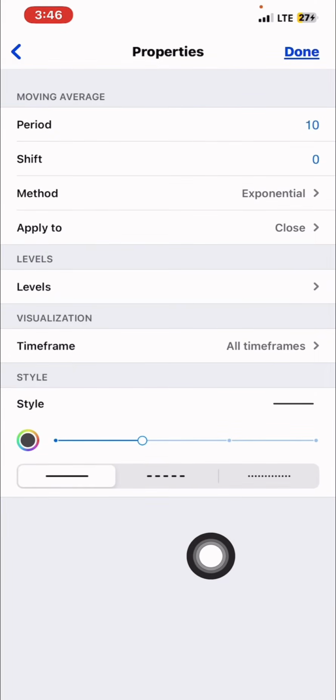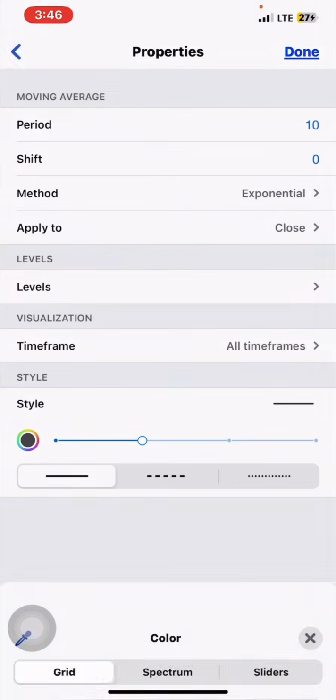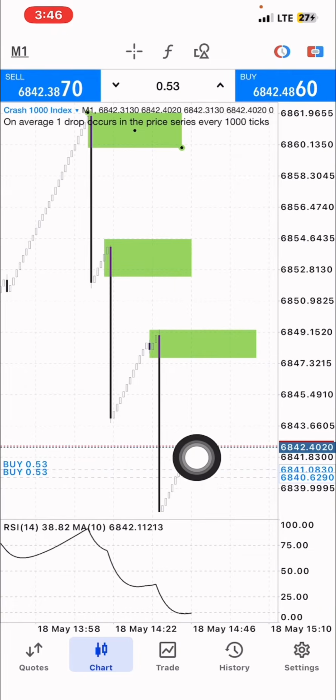Then use any pixel and any color of your choice. I use black here, so you can as well use black. Click on done. Now we have our moving average indicator here, and as you can see, the market is still moving in our favor, in our direction.